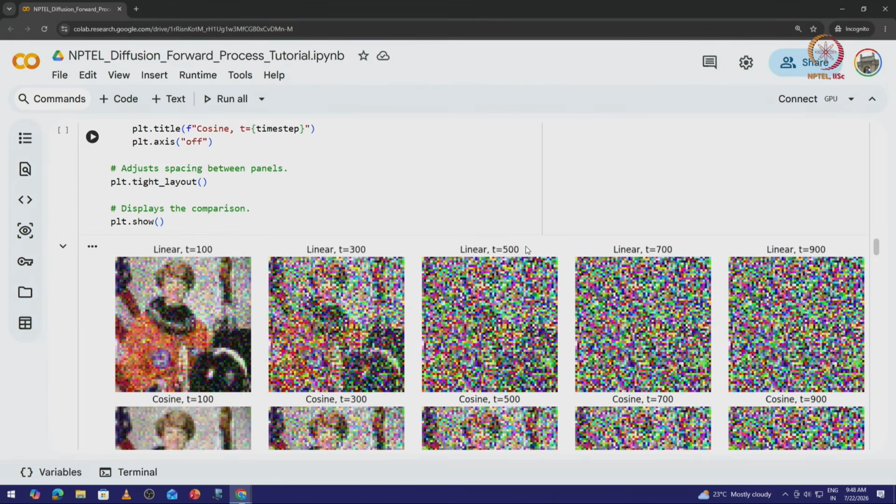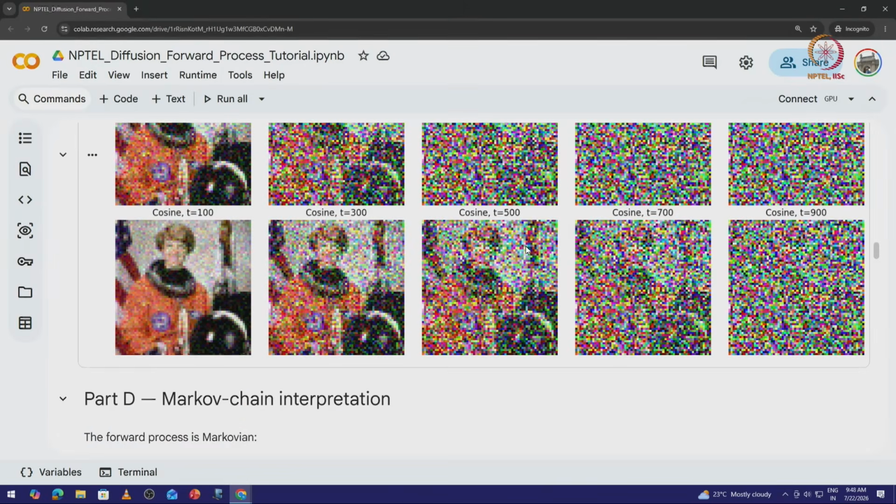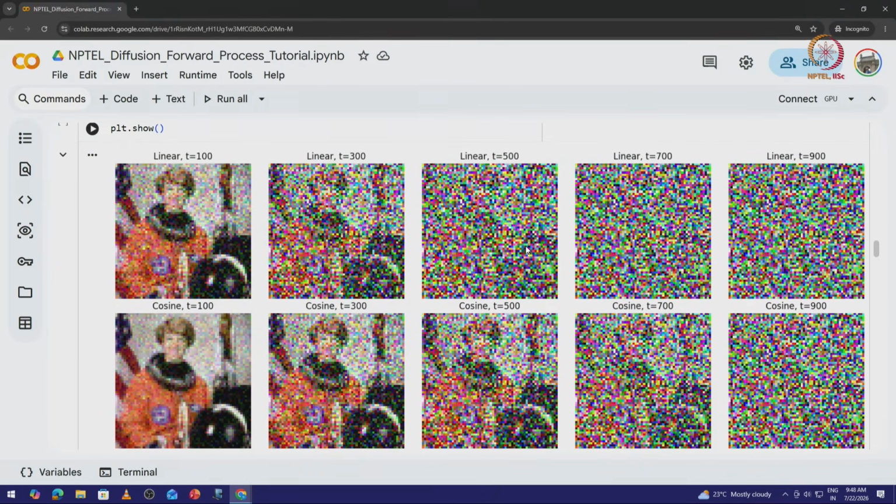Now, you can also visualize how these two different variance schedulers, linear and cosine, differ from each other.